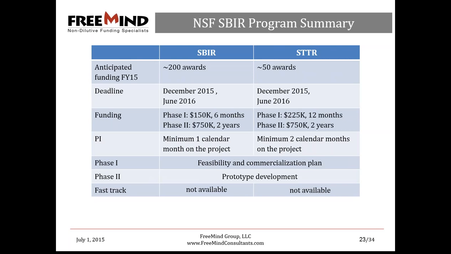The PI has to spend, in the case of SBIR, at least 1 calendar month on the project. In the case of the STTR, 2 calendar months. In both cases, you will need, for phase 1, a feasibility and commercialization plan. Phase 2 is more devoted to development, and there is no fast track for NSF SBIRs.